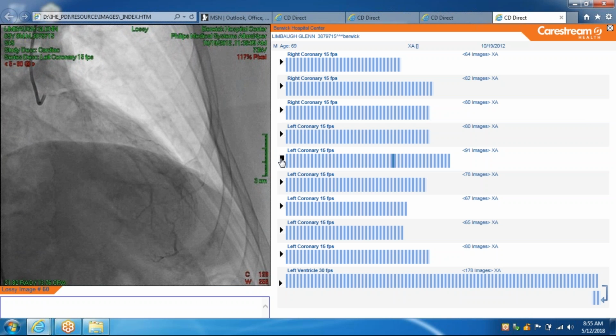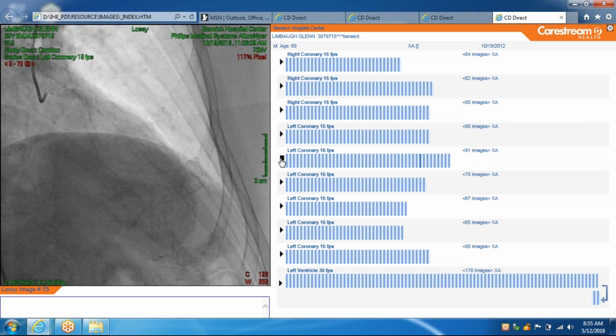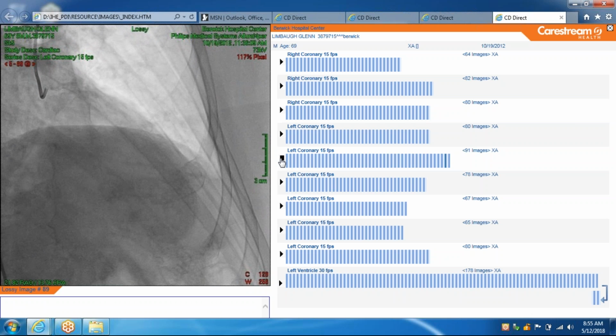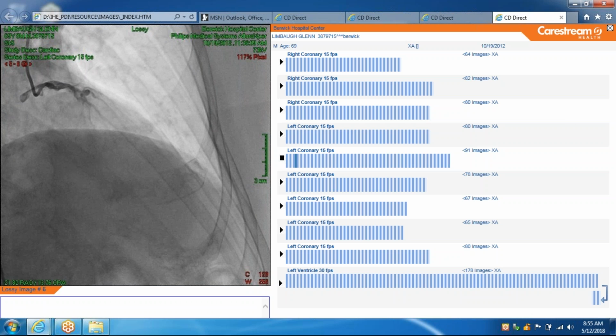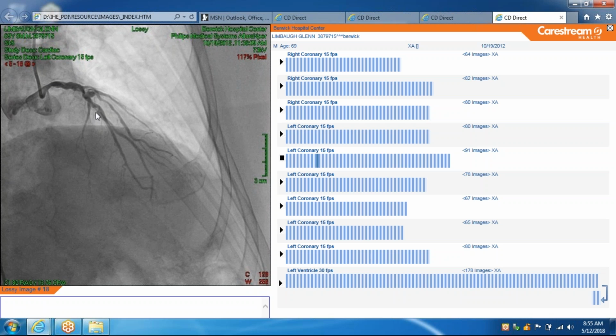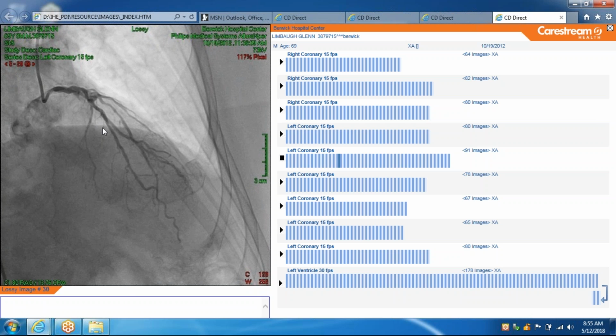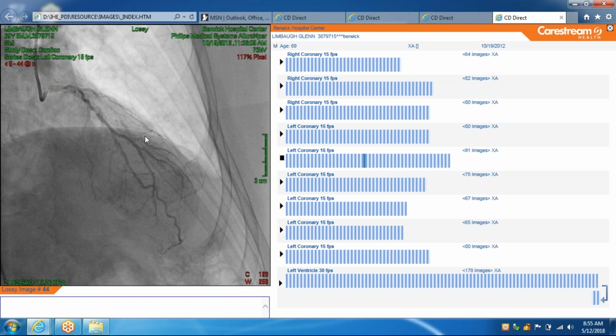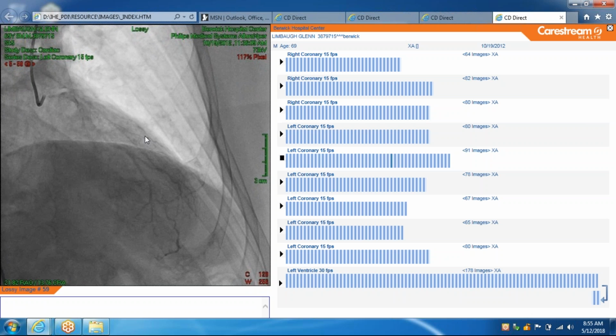So you want to cone in on that lesion and determine how significant it is. Just look right there. You can see a significant blockage. So we want to look at that.